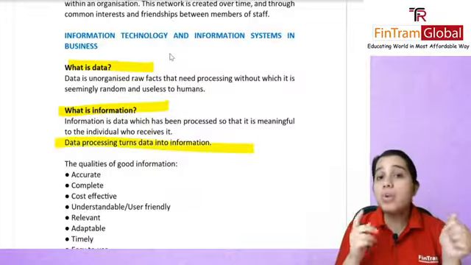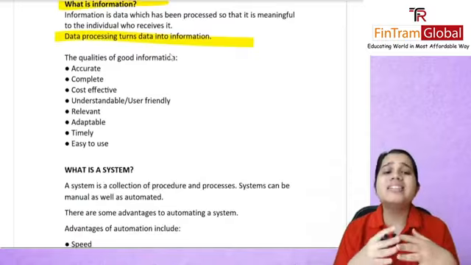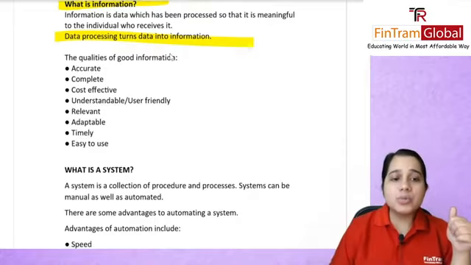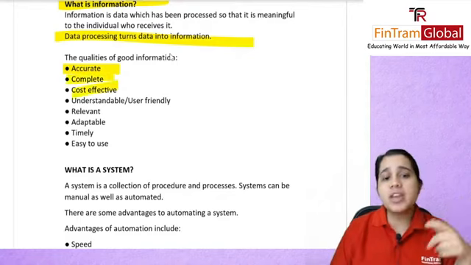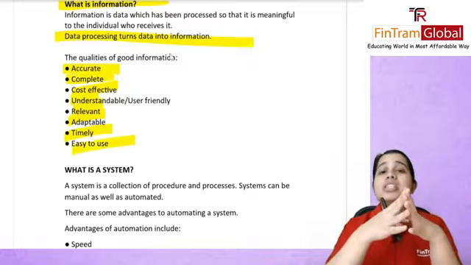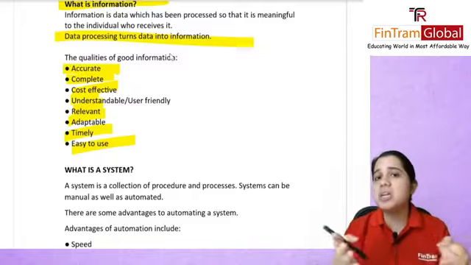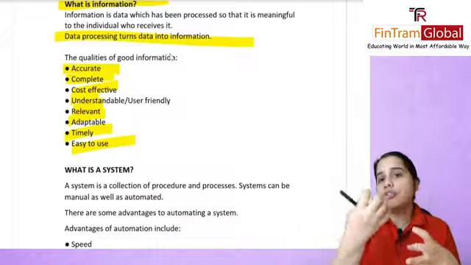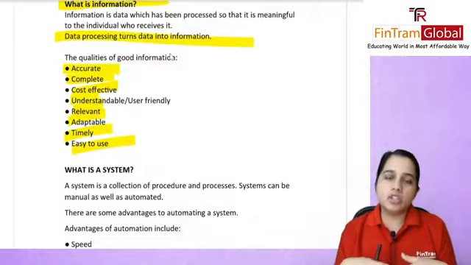We had also covered the differences between data and information. We covered the qualities of good information, which was a mnemonic. From A, it's accurate, then complete, cost effective, understandable, relevant, adaptable, timely, easy to use. So it needs to be accurate and complete. Incomplete information is not really very useful. Cost effective: the cost of getting that information should not be more than the benefit you are getting from it at the end of the day.